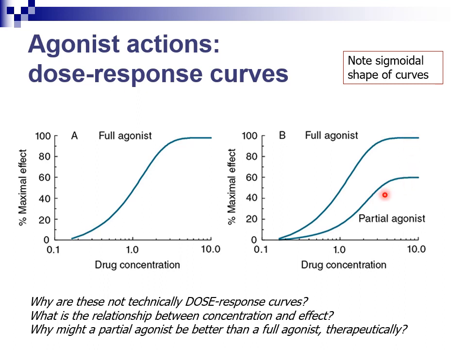Whereas buprenorphine, since it has a lower ceiling effect, therapeutically, pain-wise, also has a lower potential to cause severe respiratory depression. So sometimes a partial agonist is actually better therapeutically than a full agonist, even though that is kind of counterintuitive.